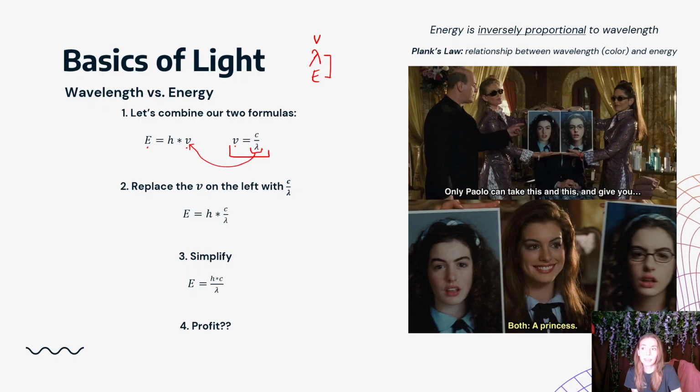And this is how we can get to the relationship between wavelength and energy. We take this whole chunk and we plug it into the v right there. We take that chunk and we plug it into frequency.